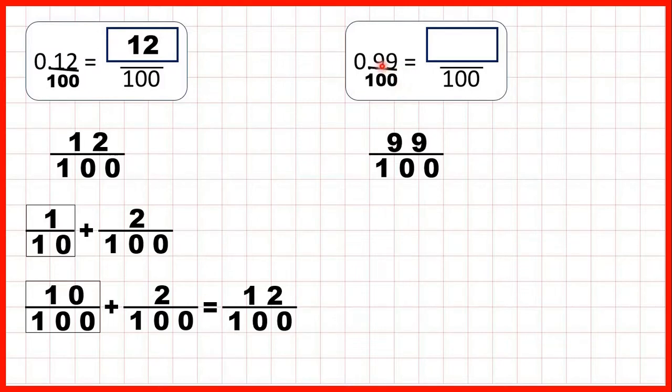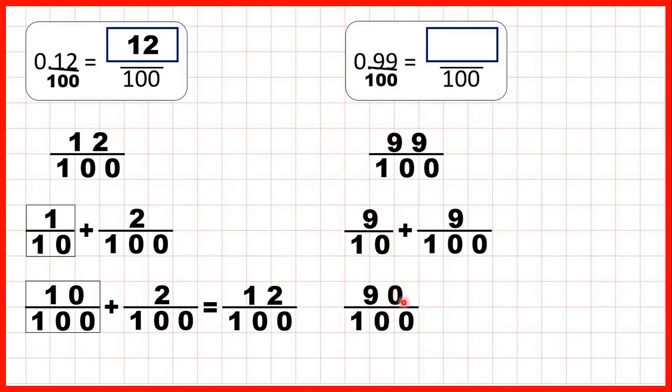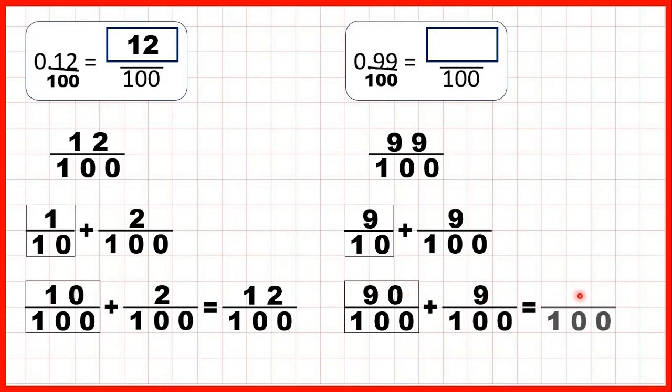To make it clear, this 9 stands for 9/10 because it's the first digit after the decimal point, and this 9 stands for 9 hundredths. That gives us 99 hundredths because 9/10 is the same as 90 hundredths. 10 times 10 is 100 and 9 times 10 is 90. So when we add the 9 hundredths to the 90 hundredths, we get 99 hundredths.